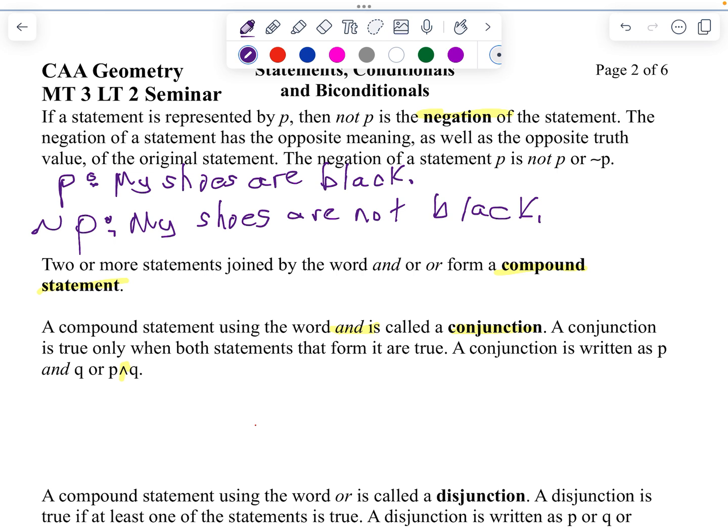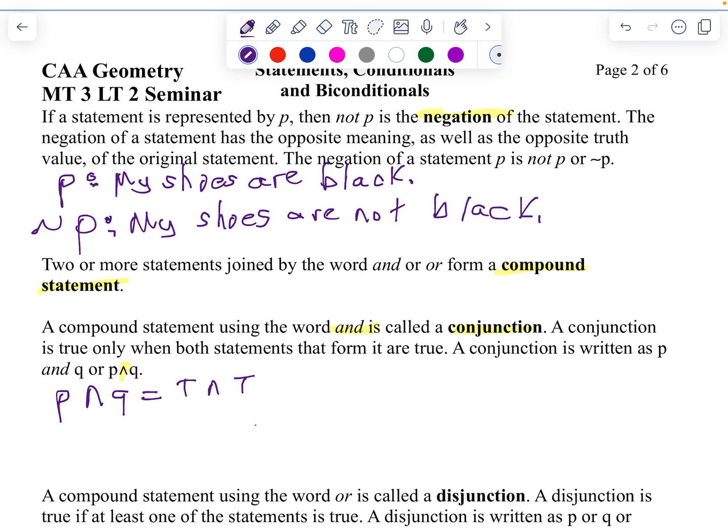The only time an and statement is true is if they're both true. So both parts would have to be true for an and statement to be true.